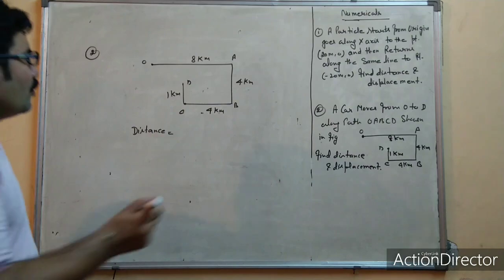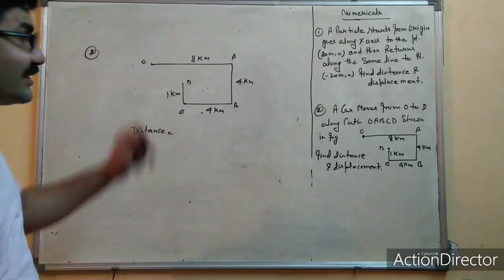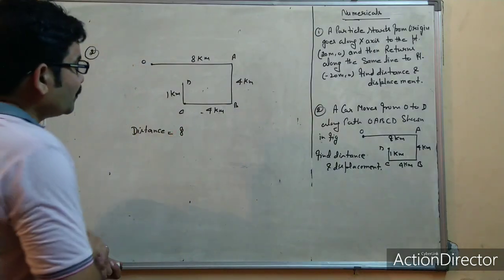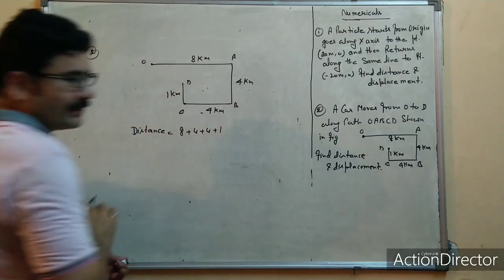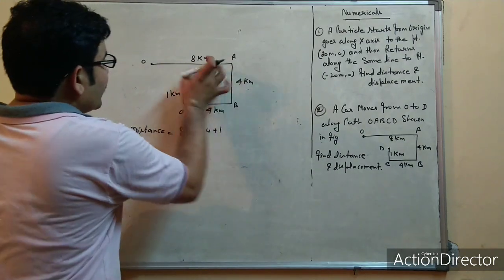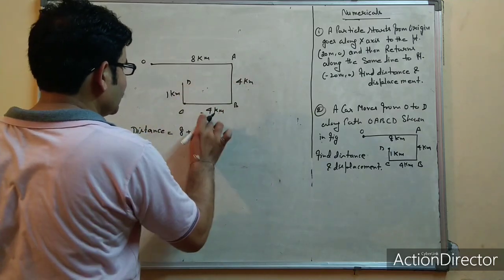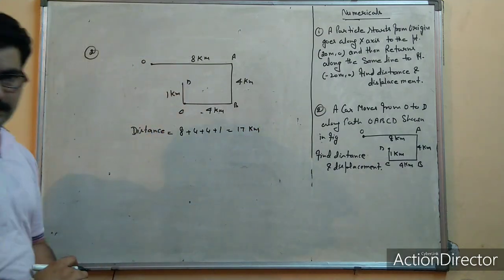We will add all these without taking i, j cap because it is a scalar term. So 8, 4, 4 plus 1. 8, 4 is 12, 16, 17. 17 kilometer is the distance.